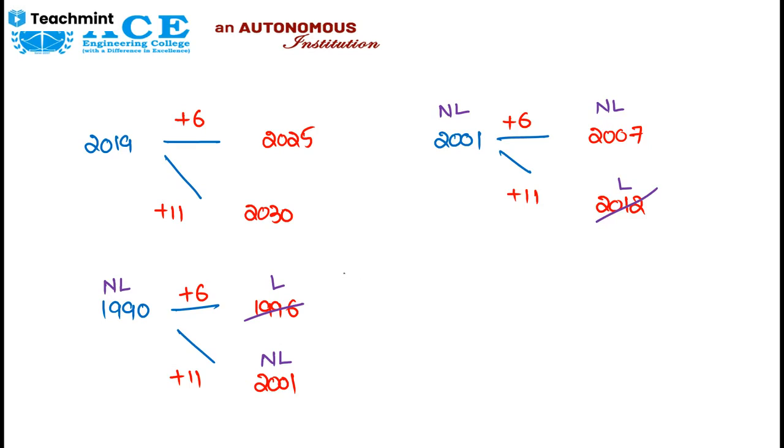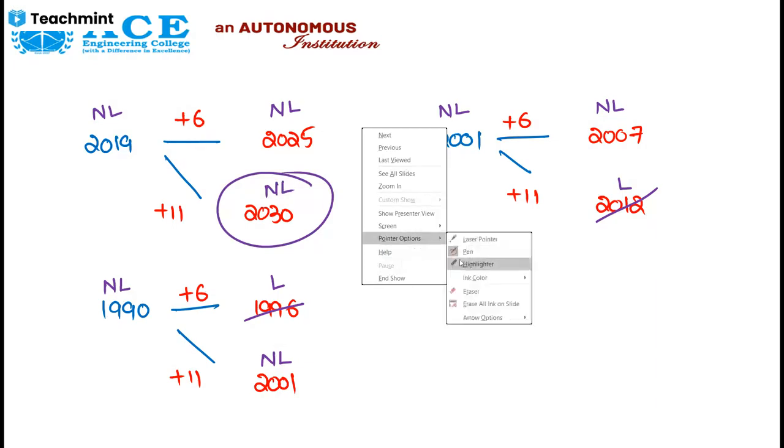If one among them is a leap year, eliminate it, and the other one is the answer. But if both are non-leap years, this is very important, your answer should be the highest one. When you do +6 +11 and both results are non-leap years, go with the highest value. I repeat, go with the highest value if both are non-leap years. Got the point, my dear friends?